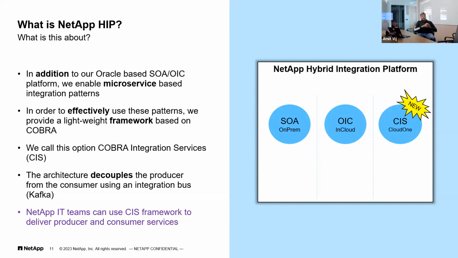We also have OIC, which is Oracle Integration Cloud. And then we have introduced CIS, which is Cobra Integration Services. This is really an extension of Cobra on Cloud One, but more catering to some of the integration use cases, integrating with other applications like the ERPs of the world and the CRMs of the world.